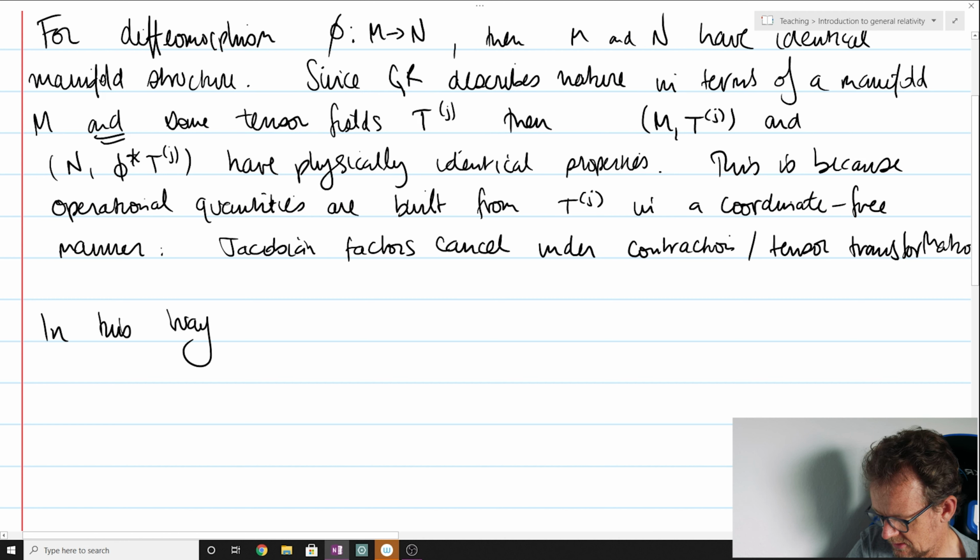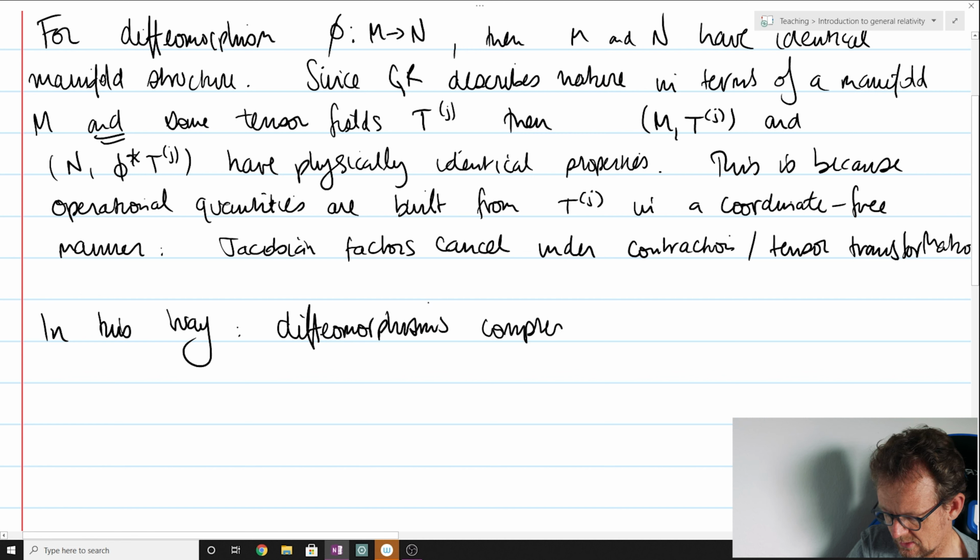So it's a very simple argument ultimately. Diffeomorphisms comprise the gauge freedom of general relativity.